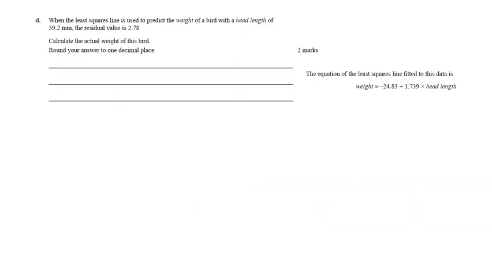Okay, so it's talking about if we make a prediction with our line, that's what it's saying. The weight of a bird with a head length of 59.2 gives a residual value of 2.78. So it looks like we're going to have to use this equation again. They've given us a head length, so straight away we've got to work out that.